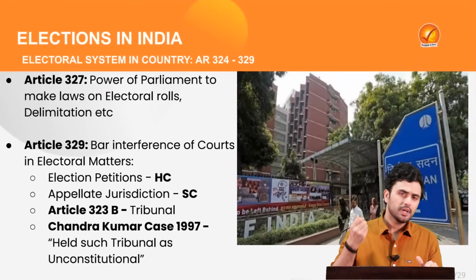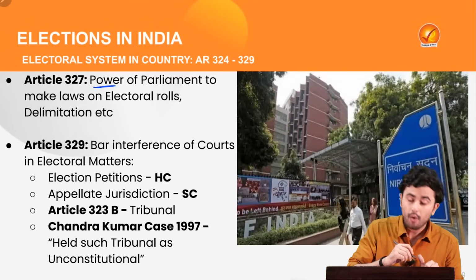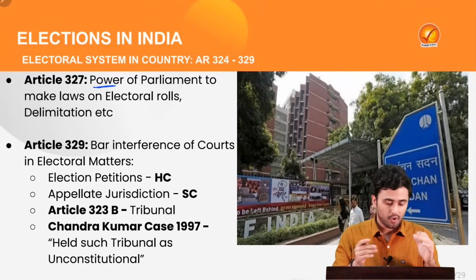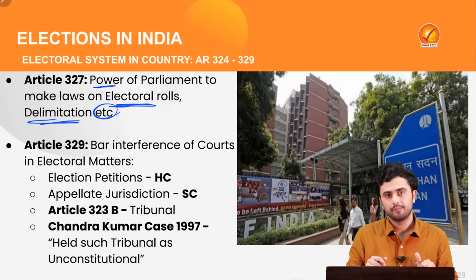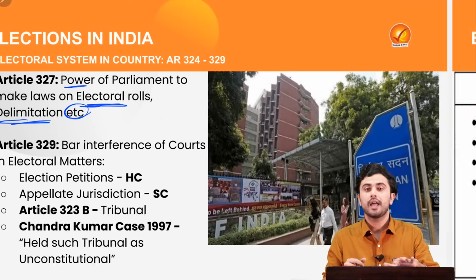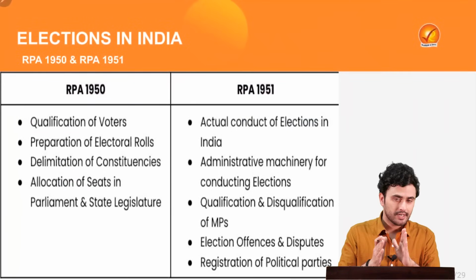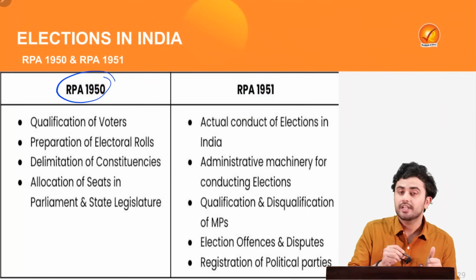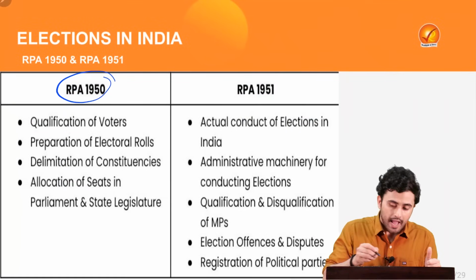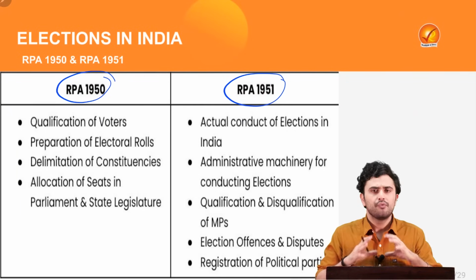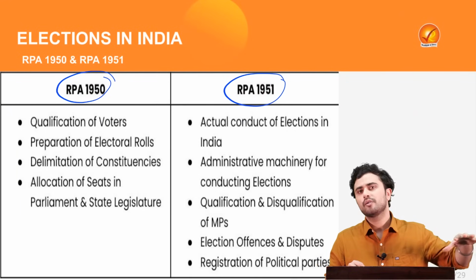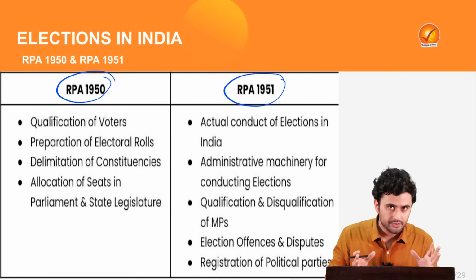At the same time, Article 327 empowers the Parliament to make laws on electoral rolls, delimitations, etc. Thus, the Parliament has enacted two important acts, that is the Representation of People Act 1950 and the Representation of People Act 1951, which regulate the various kinds of electoral measures in our country.